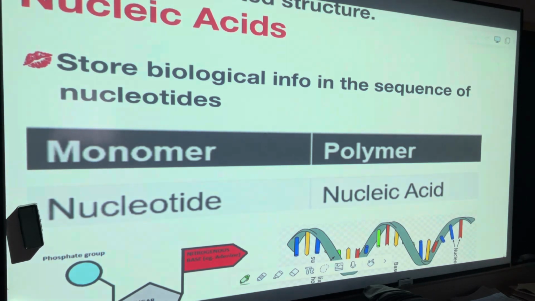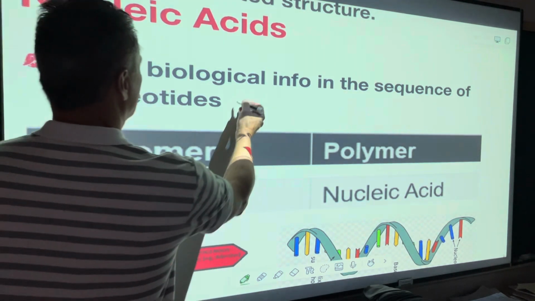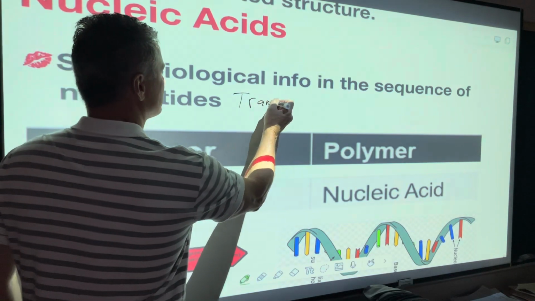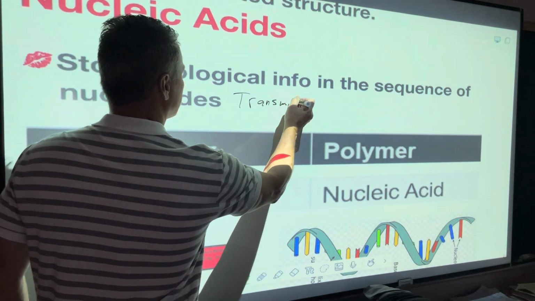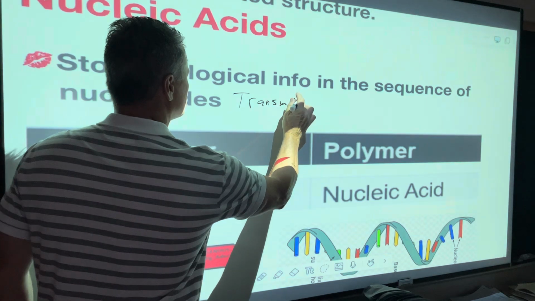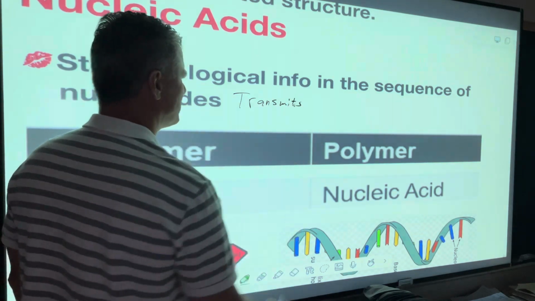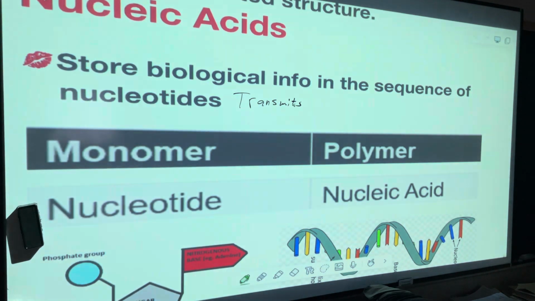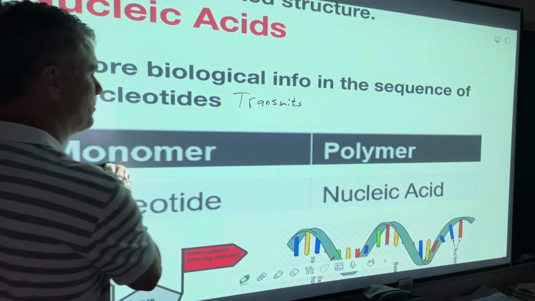It says not only does it store, but you can say it transmits. Transmits that genetic information. It stores it through DNA. It transmits it, and I think you all understand what transmit means. I'm transmitting my voice out, right? I'm sending it out. So it sends out those instructions through RNA.